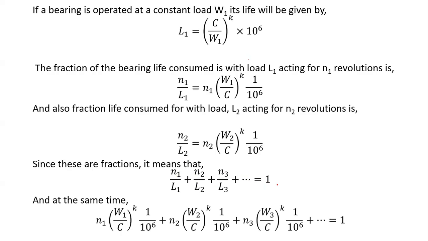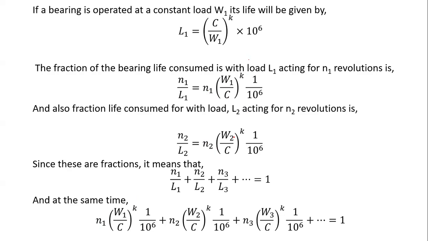Additionally, if I decide to add what is on the right-hand side, I will add this where I have the 10 to the power 6. So I'll start with the N1 here, N1 times (W1 over C), 1 over 10 to the power 6, which is this one.